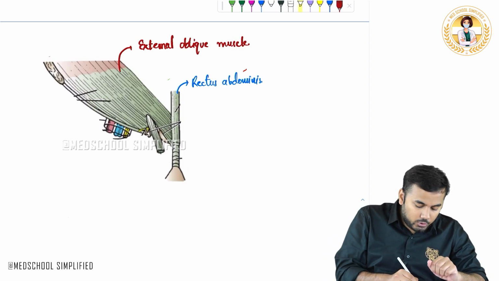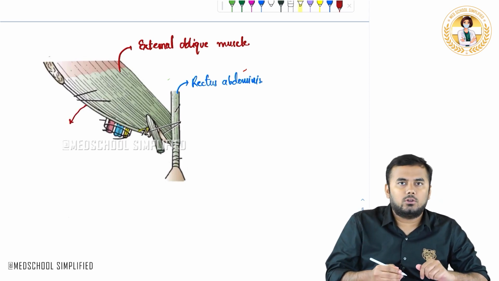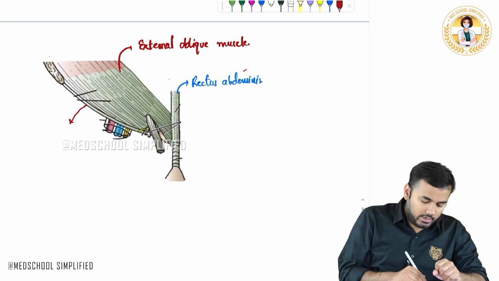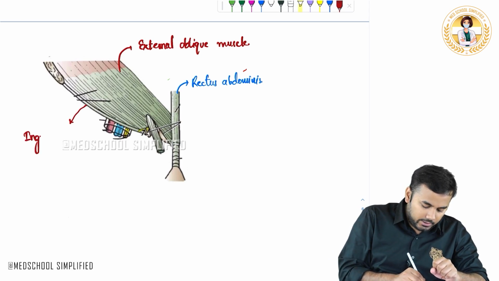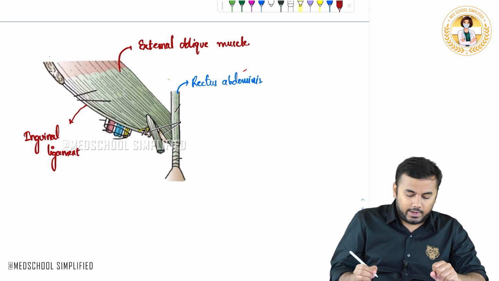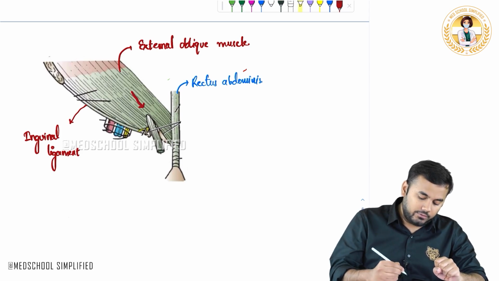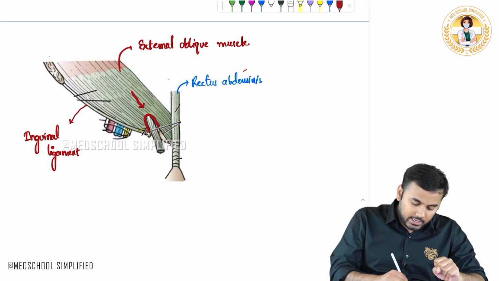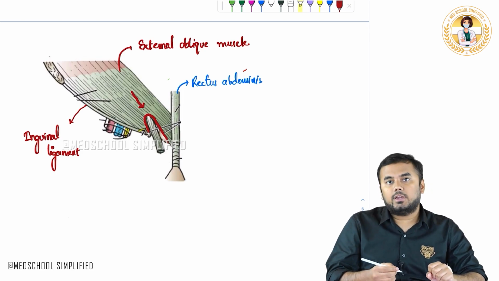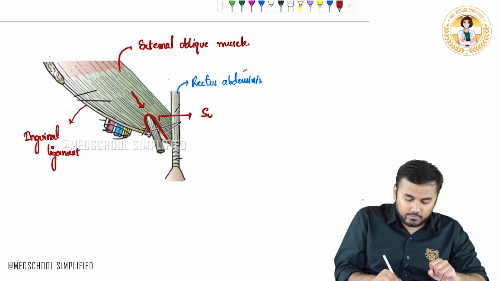So the inferior part of the aponeurosis of the external oblique muscle will fold inward and form the inguinal ligament. This is your inguinal ligament. And all of you can see anteroinferiorly a defect here, right? This defect is called your superficial inguinal ring.